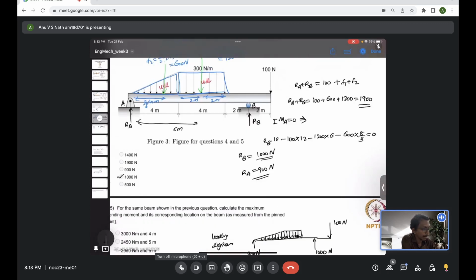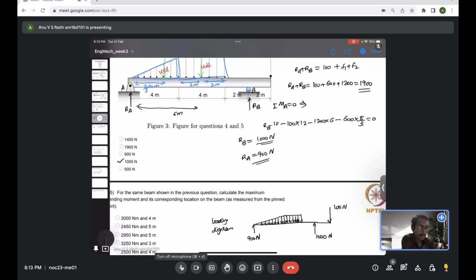But now we cannot do that because we are going to consider each and every section and evaluate its shear force and bending moment.